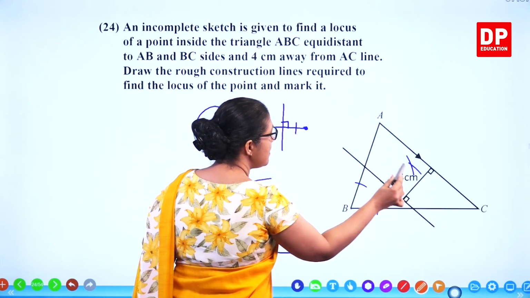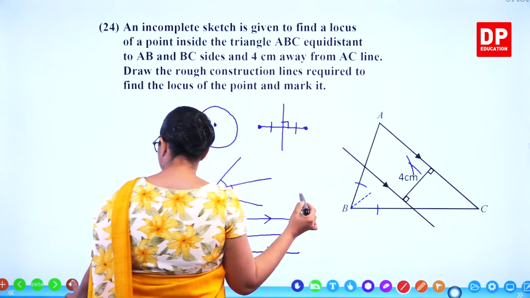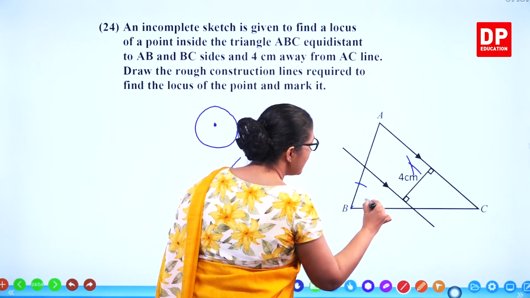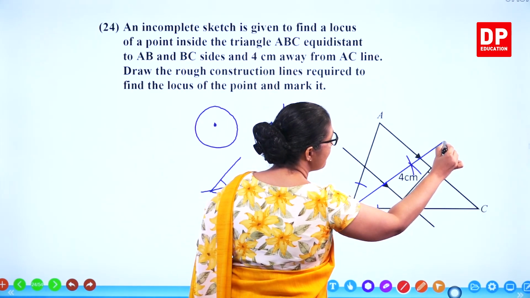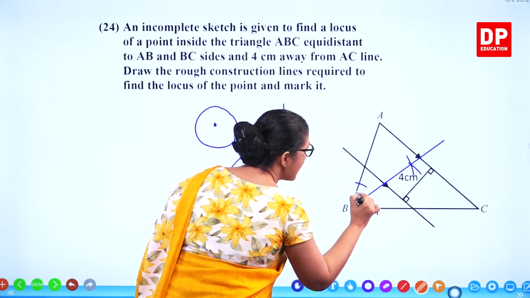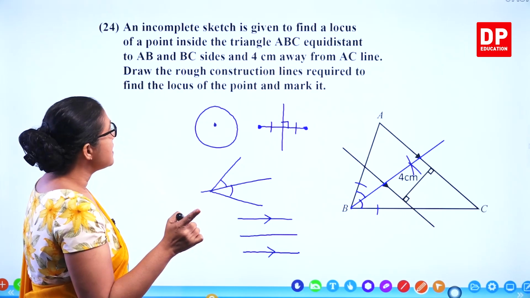We draw the line from here to here. That's the angle bisector, so this angle is equal to this angle.